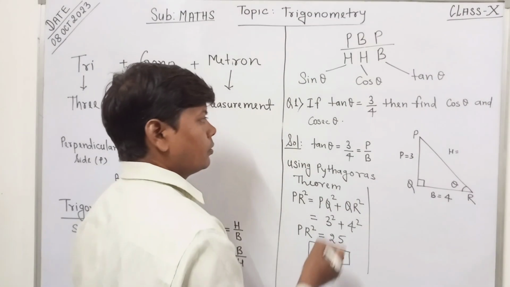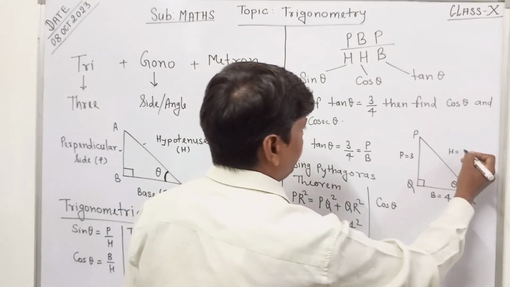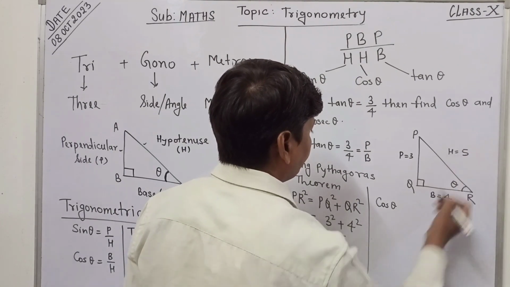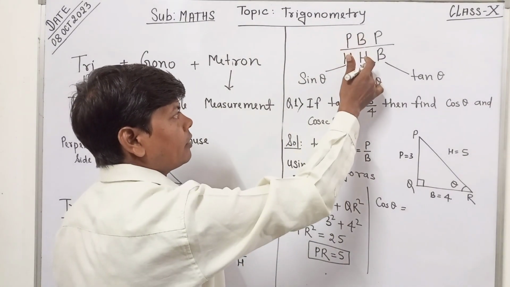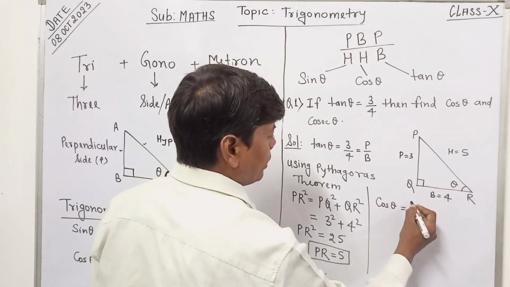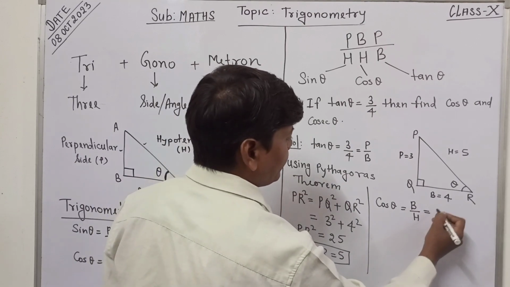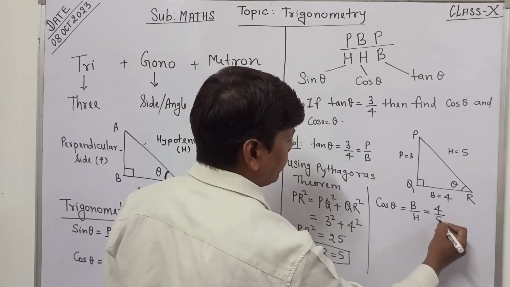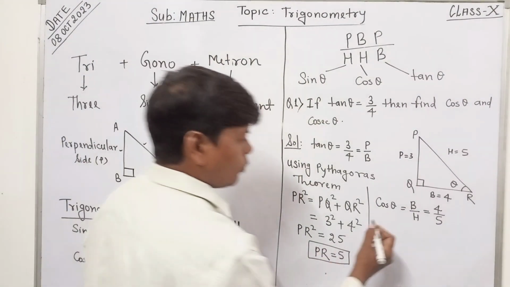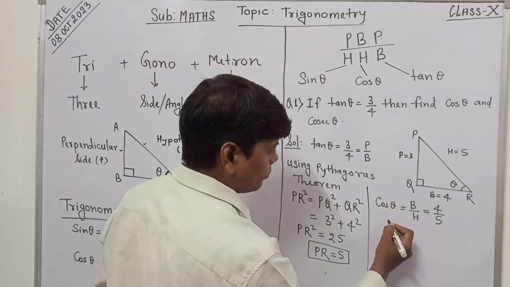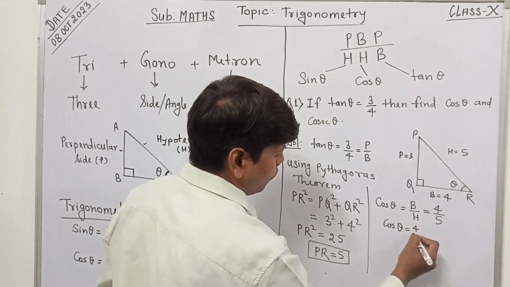Now find cos theta, because the value of H is 5. Cos theta is the ratio of base and hypotenuse, so write B upon H. B is 4 and H is 5, so cos theta will be 4 upon 5.